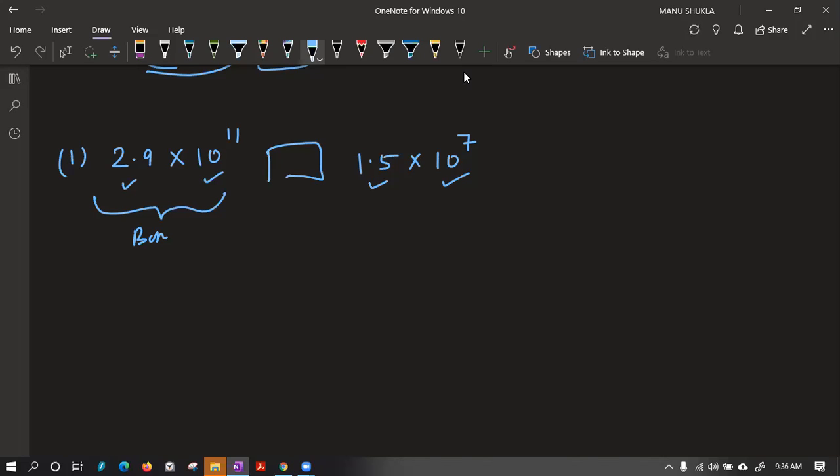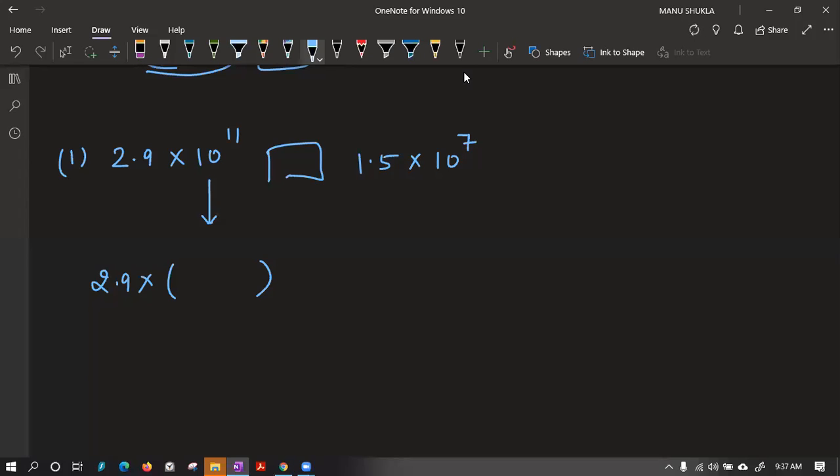But if I want to solve by the previous way, by making 10 power same, what should I do? Please help. If I am thinking of making this 10 power 11 as 10 power 7, how should I write this number? What can I write for this?